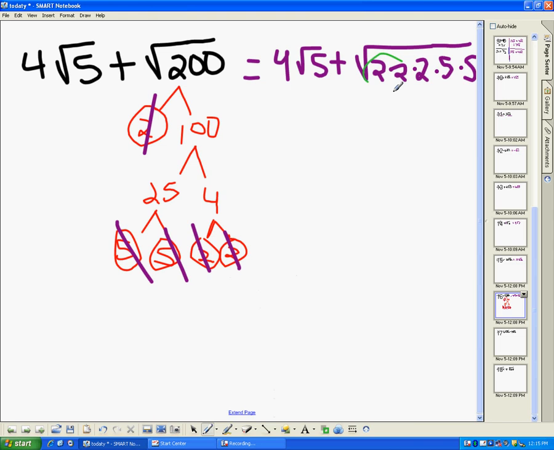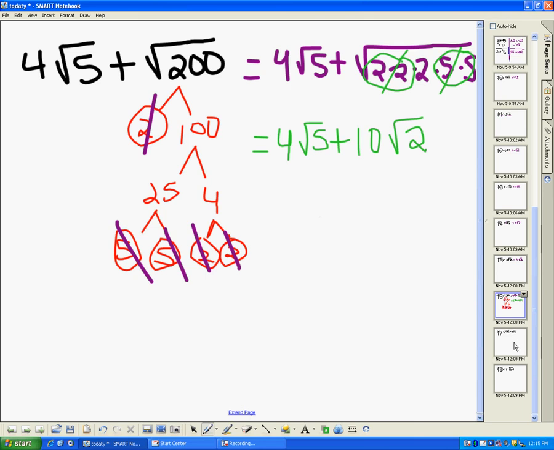I've got a pair of 2's here, and I've got a pair of 5's here. So when I pull them out, this 4 square root of 5 is going to stay the same. I've got a 2 coming out, and I've got a 5 coming out, so 2 times 5 is 10, so this is 10 square root of 2. Now, is there anything that I can do here to simplify these? There's not. This is as simplified as this one can get.